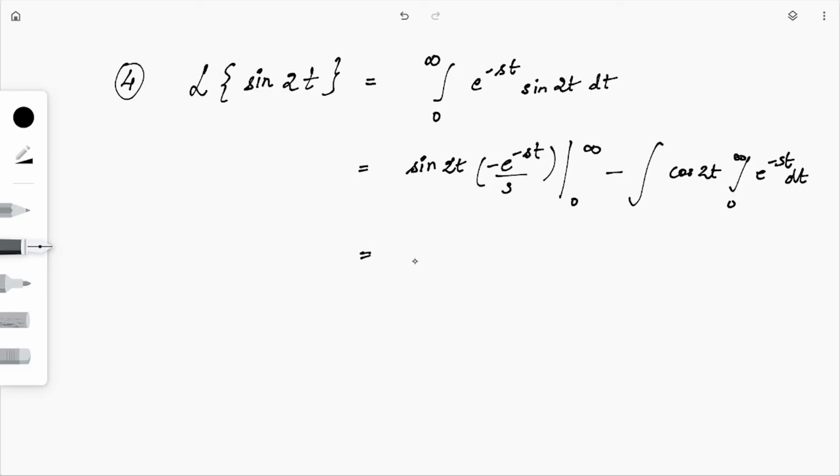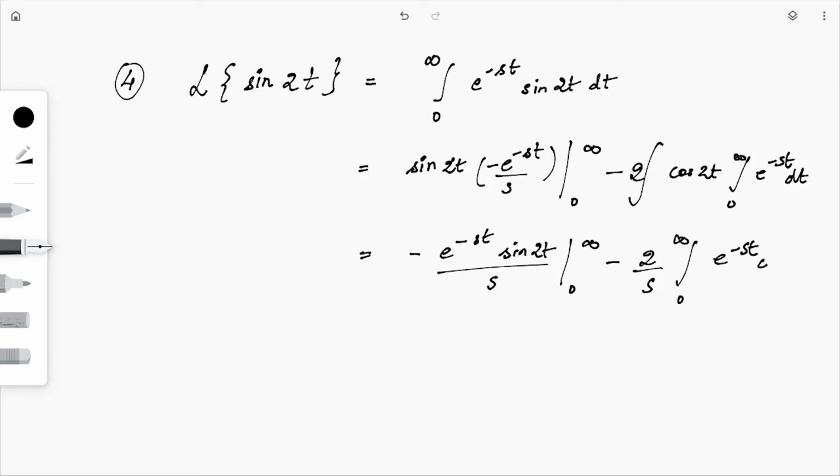So this is nothing but minus e raised to minus st into sine 2t by s varying from 0 to infinity, minus, what is the integral of e raised to minus st again? The derivative of sine 2t is nothing but 2 cos 2t, right? So here it will be minus 2 by s, which is a constant, and the integral of e raised to minus st is e raised to minus st.